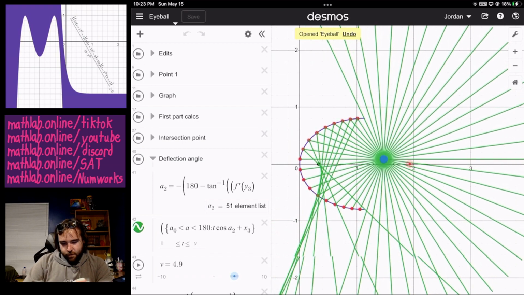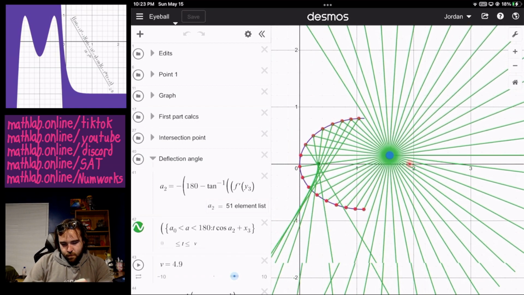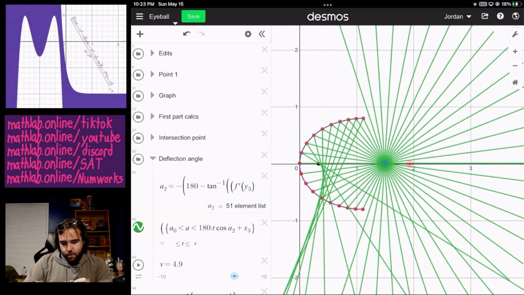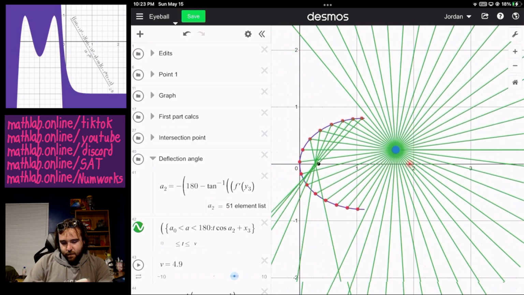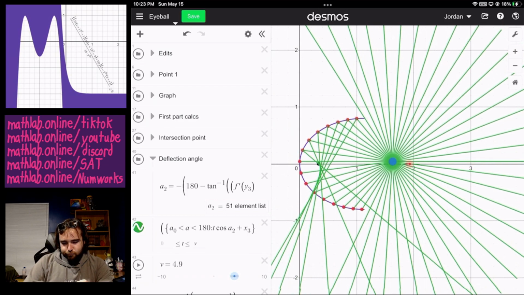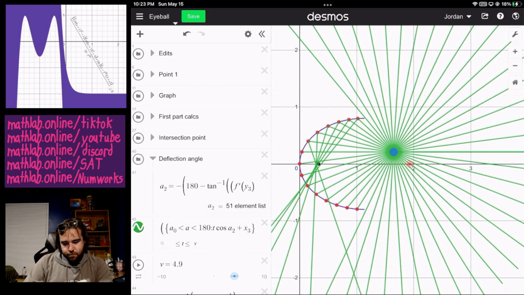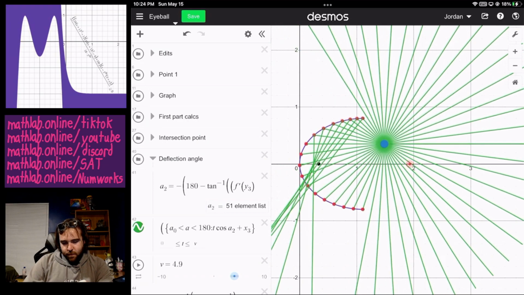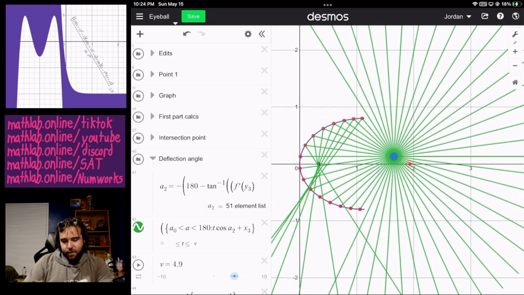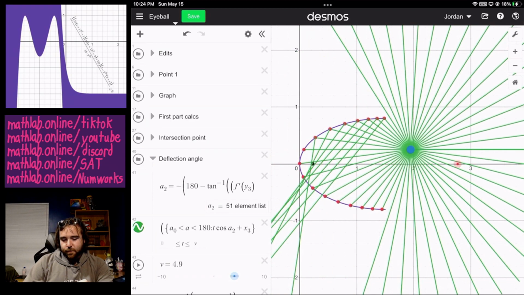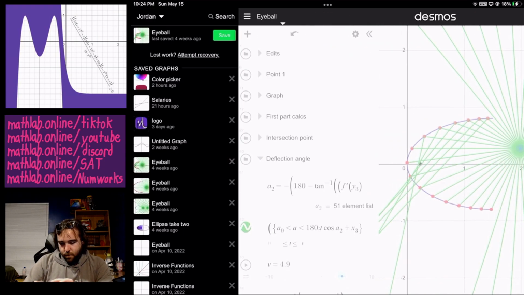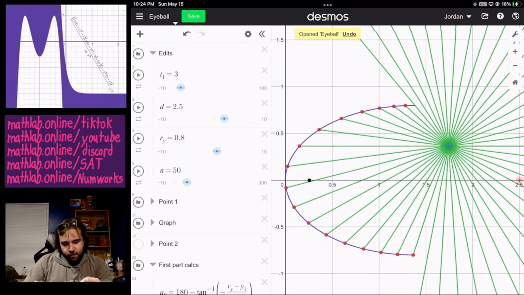But yeah, I got it working, actually just for the top part. That's too bad. I thought I had it for the bottom part too. But yeah, I definitely did stop working on that. Oh, and then you can change that like that. I had it with 2 points at one point. I have a few versions of it saved.